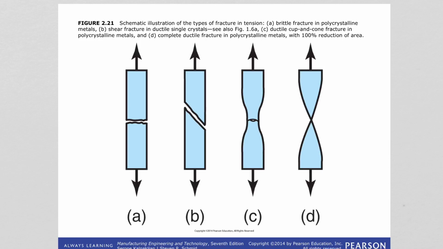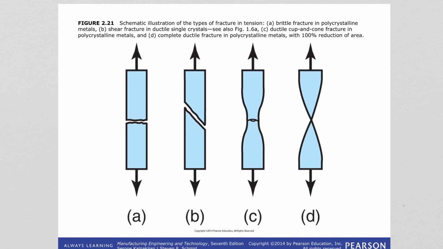So we've said the fracture is ductile and brittle fracture, and it is important to understand the fracture morphology because it gives us an idea about the behavior of the material. And ductile fracture is usually characterized by plastic deformation before it actually fails.